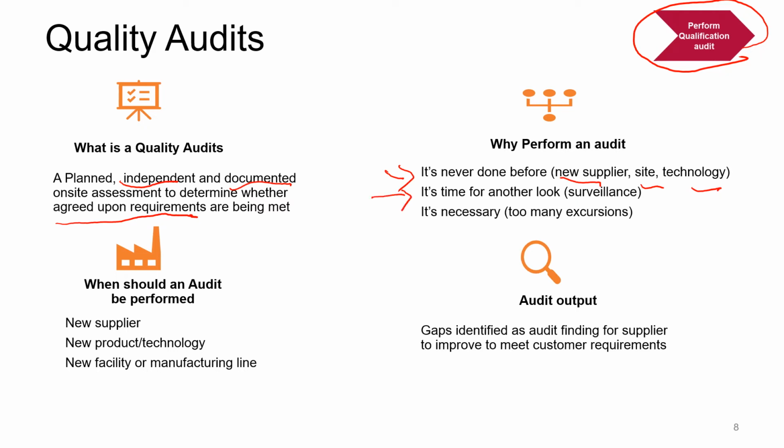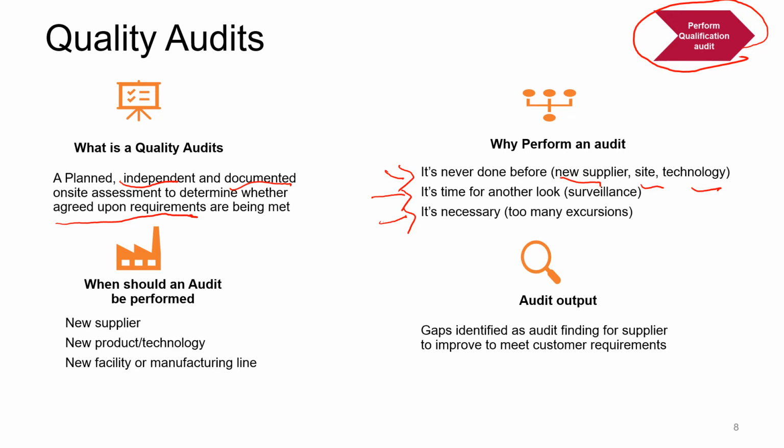Sometimes a company has a policy of having another look, with surveillance audits or regular audits. It is also necessary at times when a supplier is having too many excursions, and it will be wise to re-audit the whole line again.